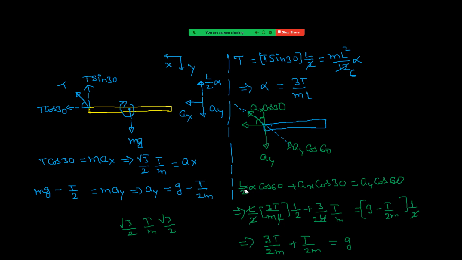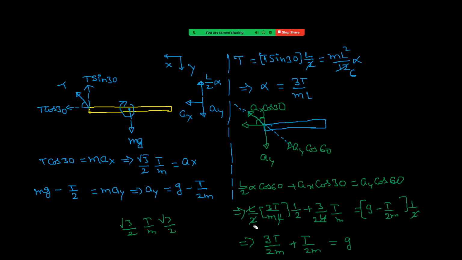L by 2, alpha value 3T by ml, cos 60 is 1 by 2, plus AX. AX value is root 3 by 2 into T by M into cos 30, root 3 by 2, so 3 by 4 T by M. Next, g minus T by 2M into 1 by 2.